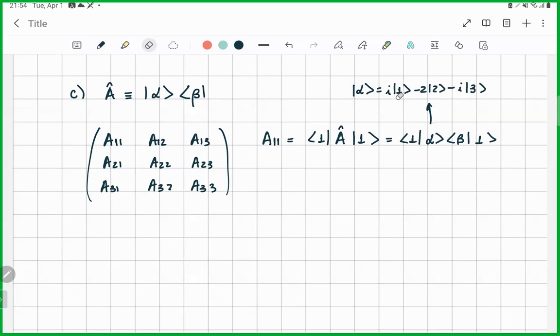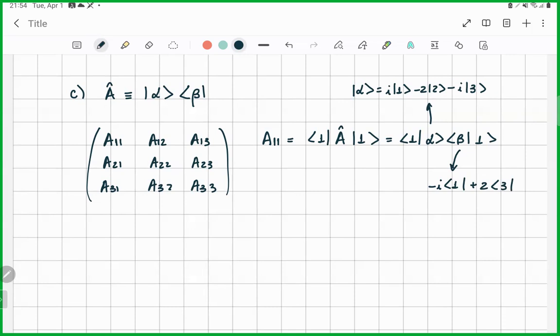Okay, so from this whole vector alpha with I, with 1, the only thing that will survive is this I. Okay, let's also write the bra for beta. So the bra for beta was minus I 1 and plus 2, 3.